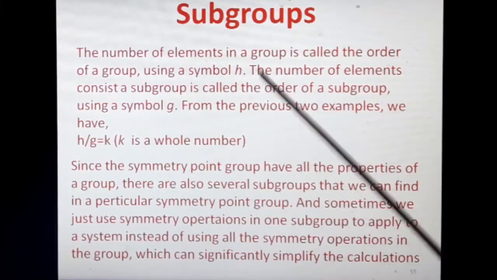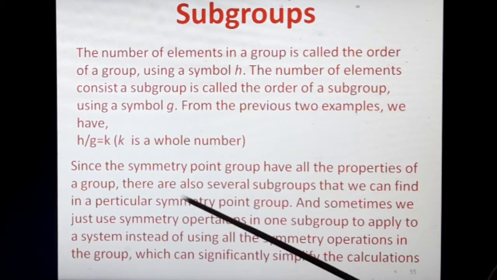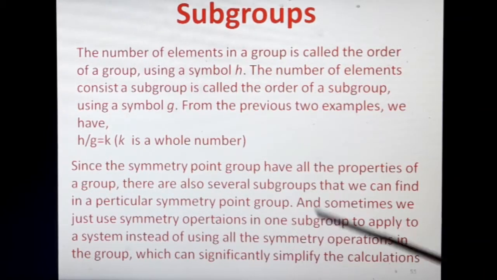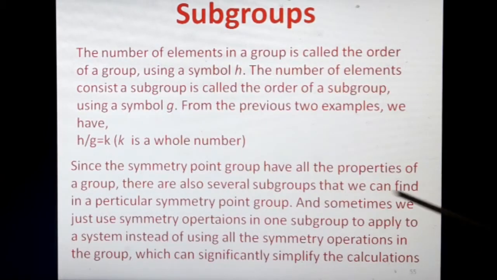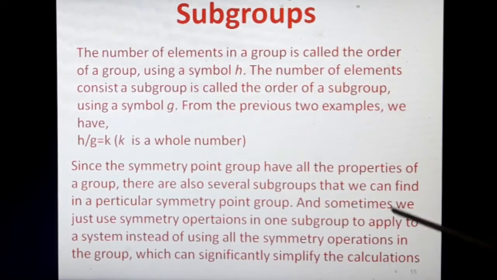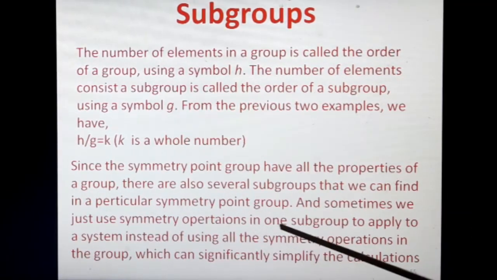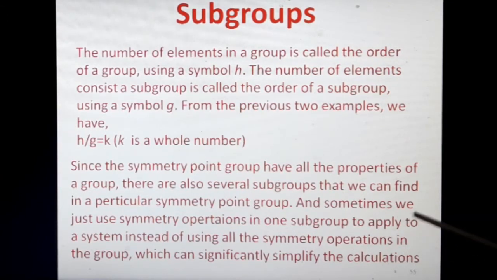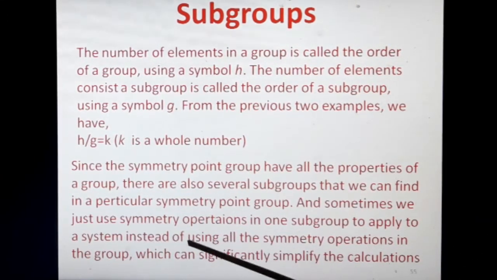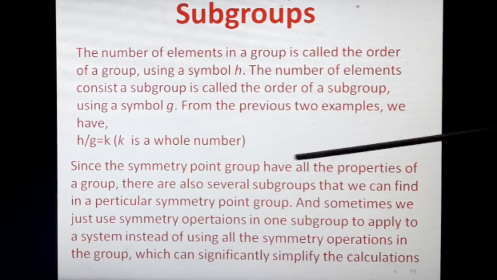Since the symmetry point group has all the properties of a group, there are also several subgroups that we can find in a particular symmetry point group, and sometimes we just use symmetry operations in one subgroup to apply to a system instead of using all the symmetry operations in the group, which can significantly simplify the calculations.